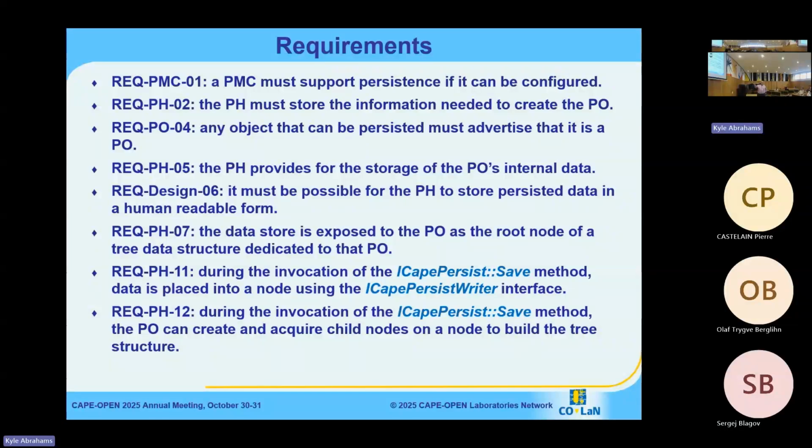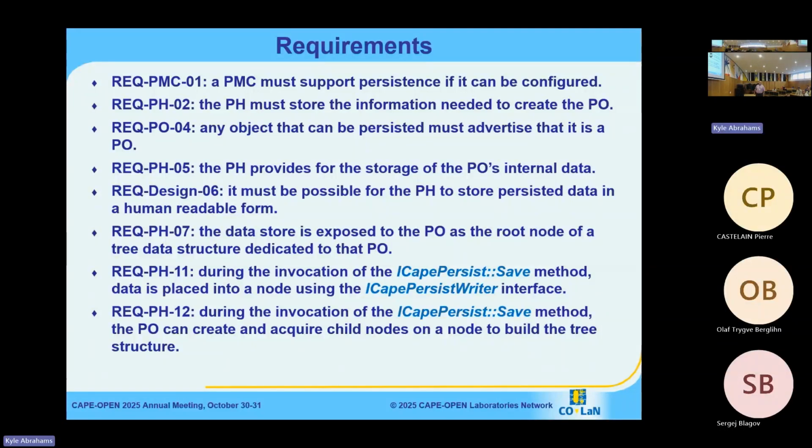And the persistence host provides the data storage area. One of the design requirements was human readable form. Let's see, the data store is provided by the persistence host. The persistible object gets the root node for the tree that it's going to build.